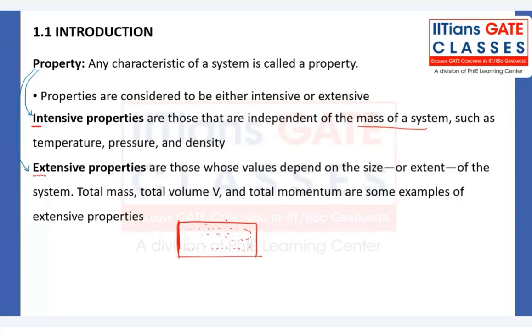That particular room I have taken, and I have divided that room into two segments by a partition wall. Initially, I have the mass m. Initially this particular room has some volume v, but right now I have divided it into v by 2, v by 2.